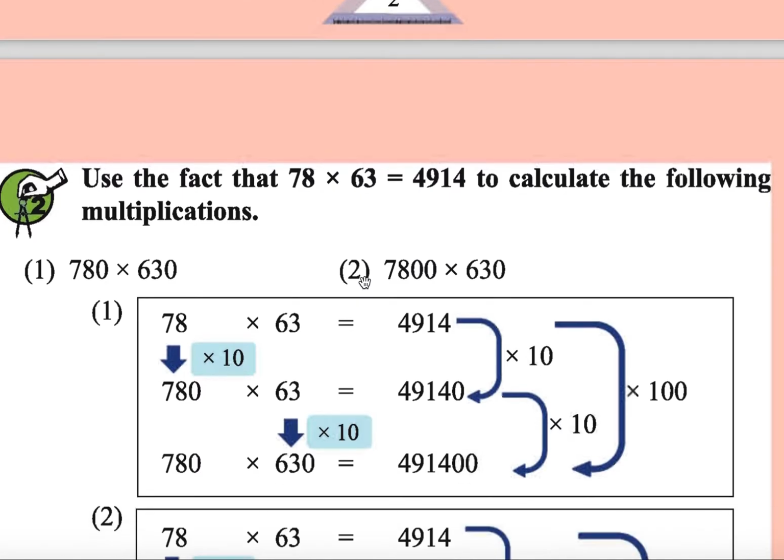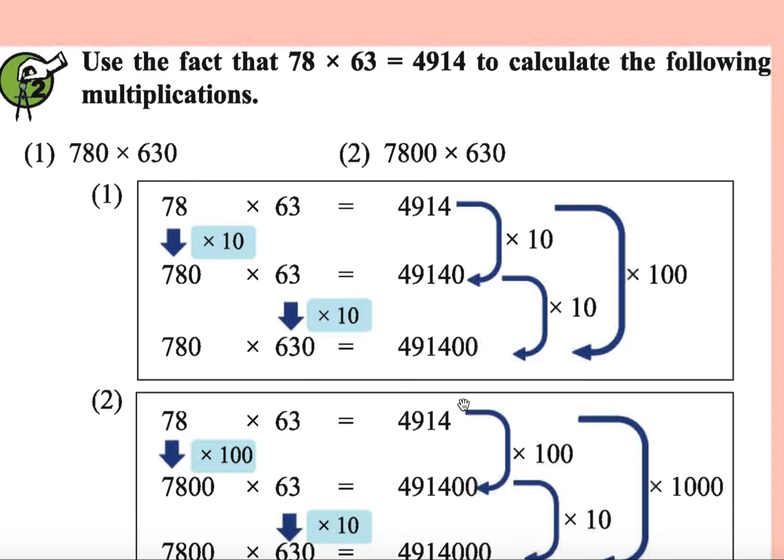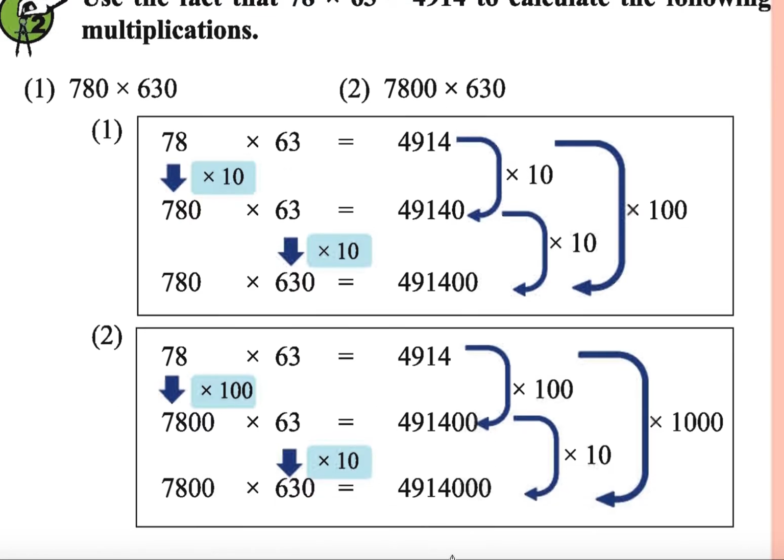Right. Use the fact that 78 into 63 is 4914 to calculate the following multiplication. Then 78 into 630 is nothing but 4914 double zero. Then 7800 into 6300 is nothing but 4914 three zeros.